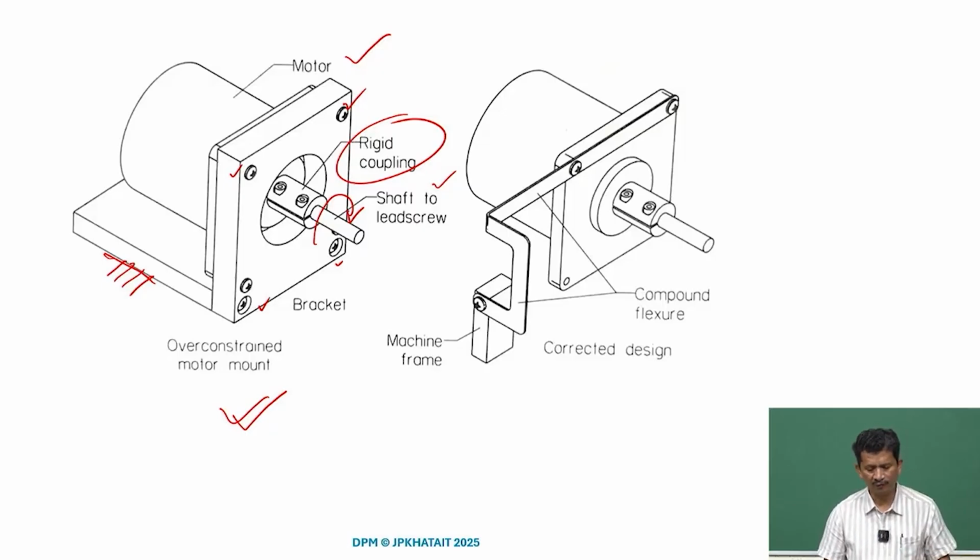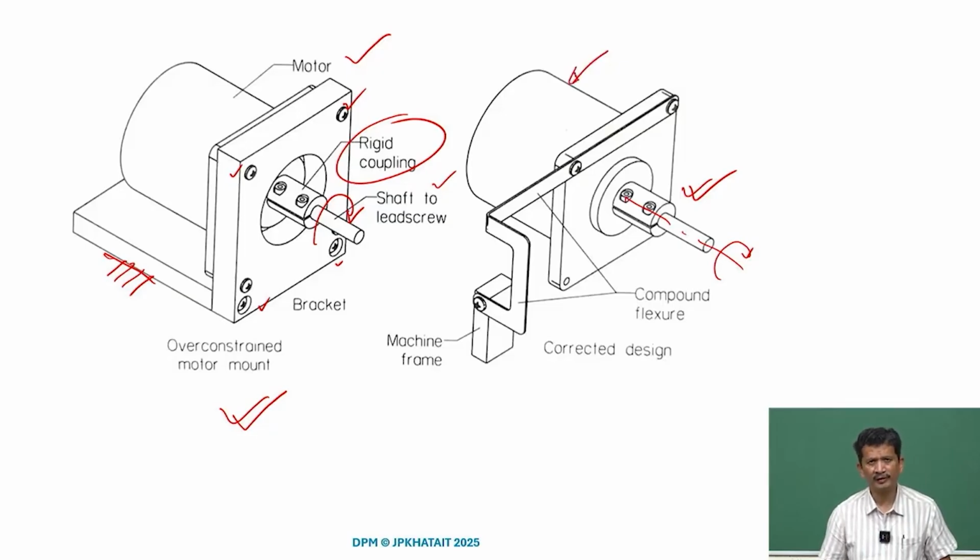With careful analysis, what you realize is that it can be easily achieved. Maybe for some reason they still want to use the rigid coupling. So, this is the axis of rotation. You want to provide the torque or motion with the motor.